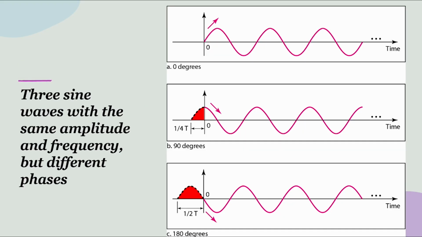So here are three sine waves with the same amplitude and frequency, but different phases. If you look at this first sine wave, it starts perfectly at time 0, the amplitude is 0.